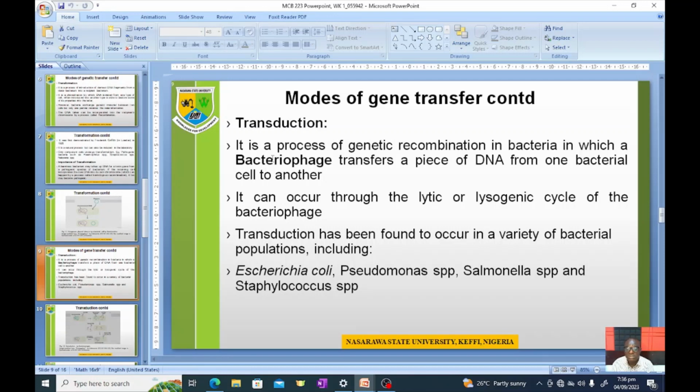Now, transduction has been found to occur in a variety of bacterial populations, including, but not limited to, one, Escherichia coli, two, Pseudomonas species, three, Salmonella species, and Staphylococcus species, among other bacterial species.